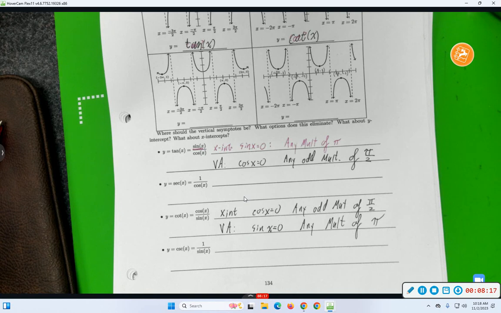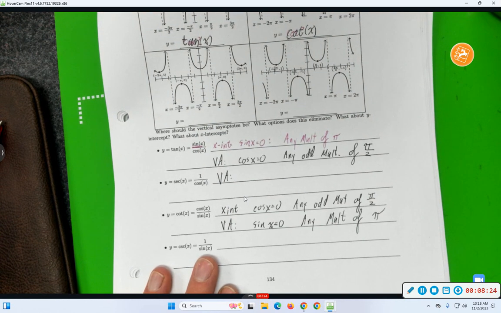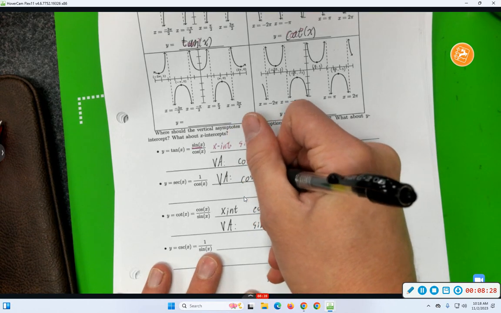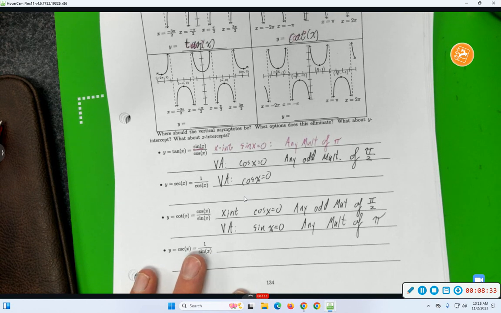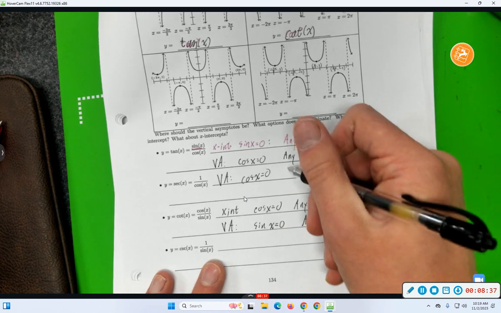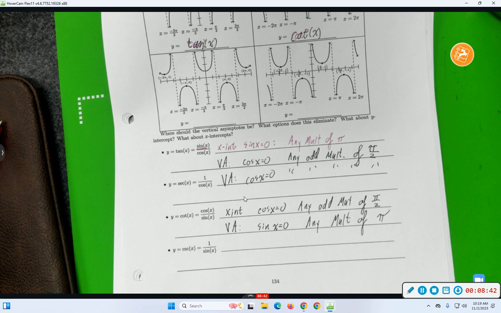So if you want to find vertical asymptotes, when does it have a vertical asymptote? When the denominator is 0? Oh, when is cosine of x equal to 0? The sentence written directly above? Okay, cool. Which of those 2 things has a vertical asymptote every odd multiple of pi over 2?